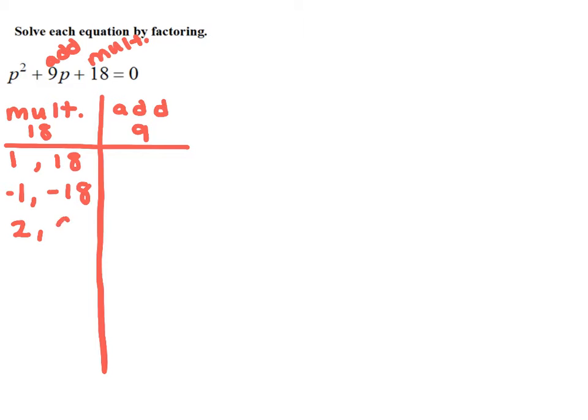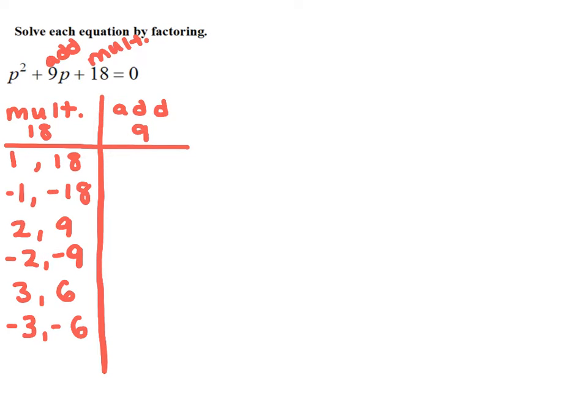So I could have positive 2, positive 9, or negative 2, negative 9. If I divide 18 by 3, I would get 6. So I could have positive 3 and positive 6, or negative 3 and negative 6. 18 divided by 4 would give me a decimal. 18 divided by 5 would give me a decimal, and I'm back to the top.